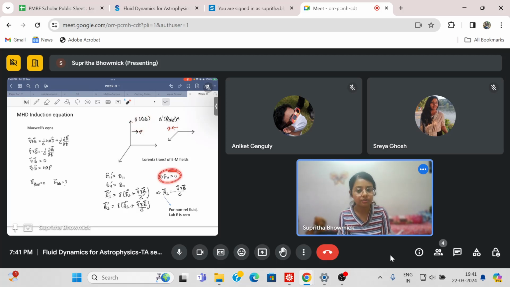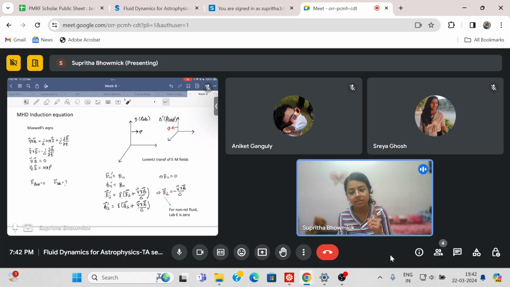This is what this tells you. And what does this equation tell you? If the left hand side is zero, then you can relate E perpendicular to minus V cross B by C. This tells you that the electric field in the YZ direction in the lab frame is related to the magnetic field in the lab frame via this equation.